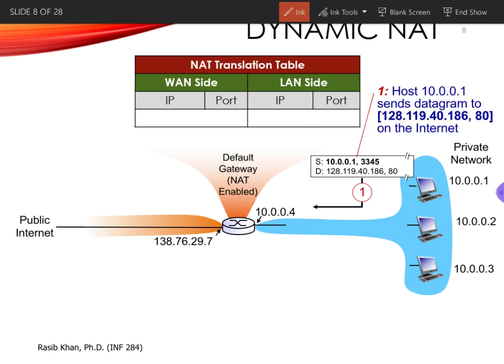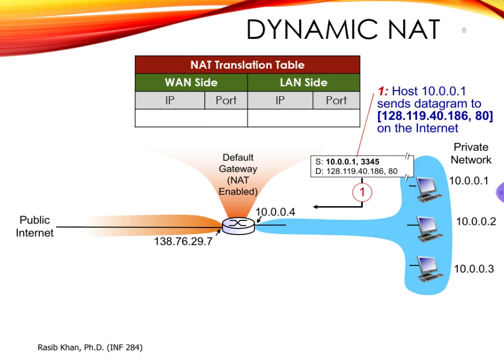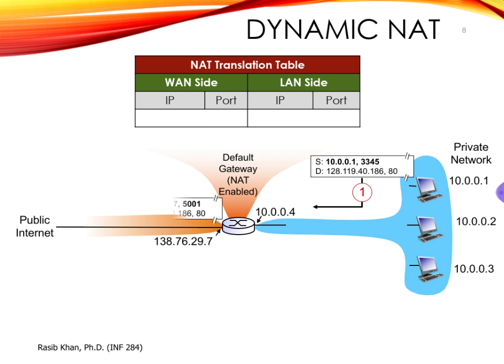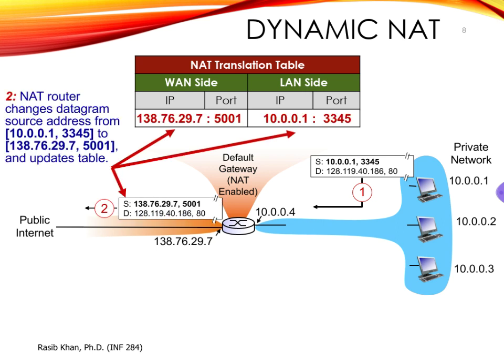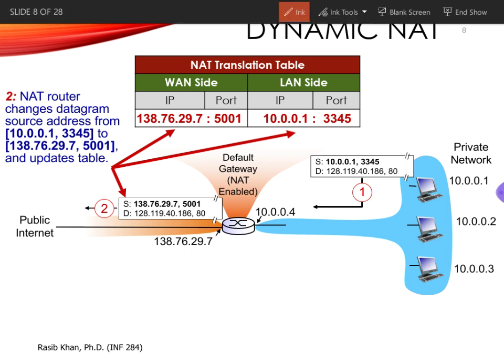And at that point, the default gateway will take a look at this packet and then translate or replace the source address of the outgoing packet with the public IP address of the default gateway. So if you see here, originally the packet had source 10.0.0.1 and originated from port 3345.